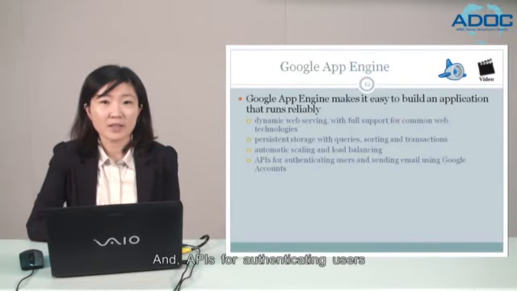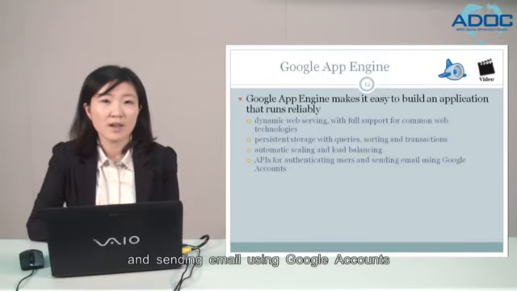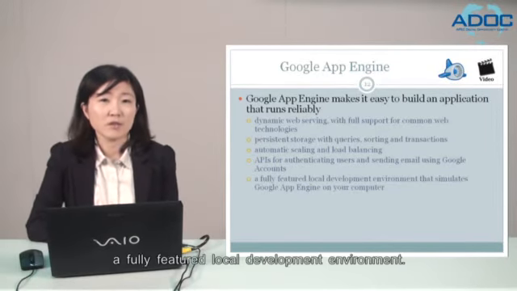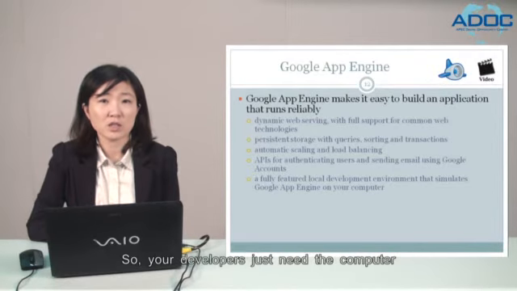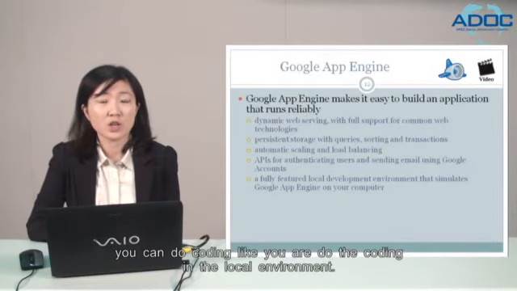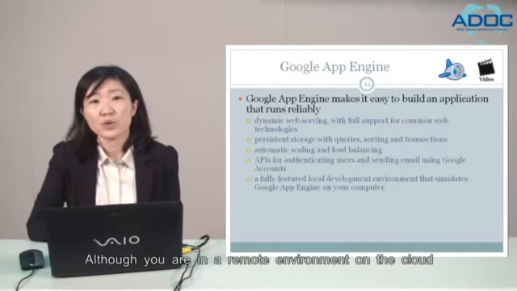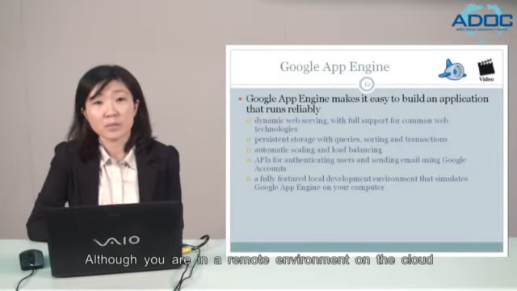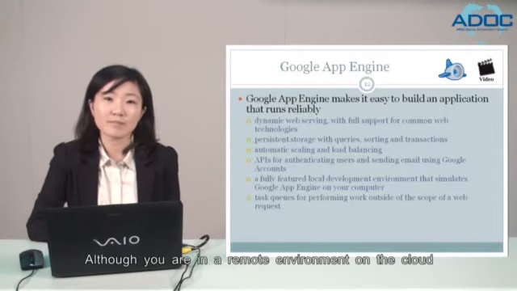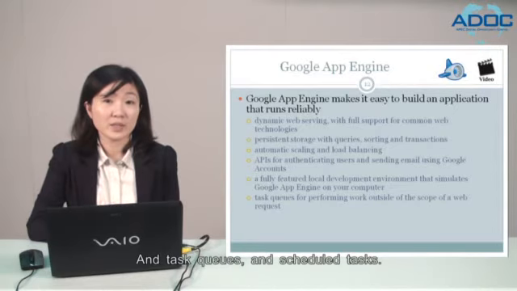And APIs for authenticating users and sending email using Google accounts. A fully featured local development environment, so your developers just need a computer and a connection to the cloud platform, and you can do coding as if you were in the local environment, although you are in a remote environment on the cloud. And task queues and scheduled tasks.